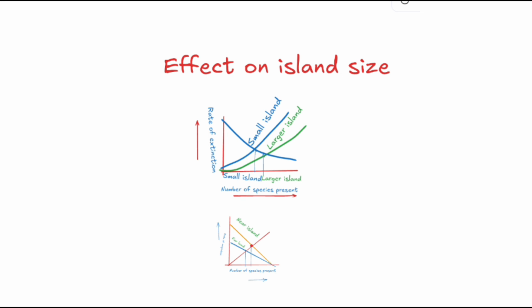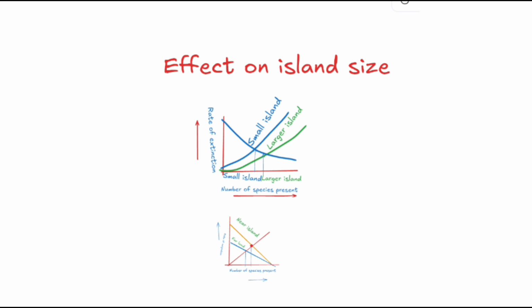Here we can see two graphs that show the effect of island size, where the large island has a larger equilibrium number of species than the small island because the extinction rate will be lower on the larger island. And for the effect of distance, in this graph the island near the mainland tends to have a larger equilibrium number of species than the far island because the immigration rate to the near island is higher.